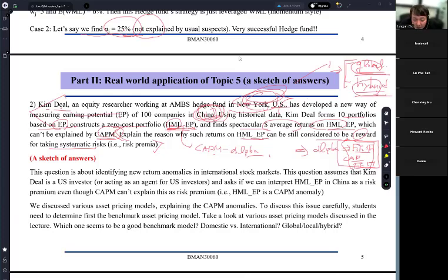When you think about alpha, whether a certain strategy generates extra returns which cannot be explained as a risk premium, you have to use the right benchmark. When you think about the right benchmark, you have to consider whether you're investing into a domestic market or a foreign market, right? Depending upon that, your benchmark could be different. And you should provide some justification for using a certain model as the benchmark in your answer, right? So that's basically the sketch of the answer here.